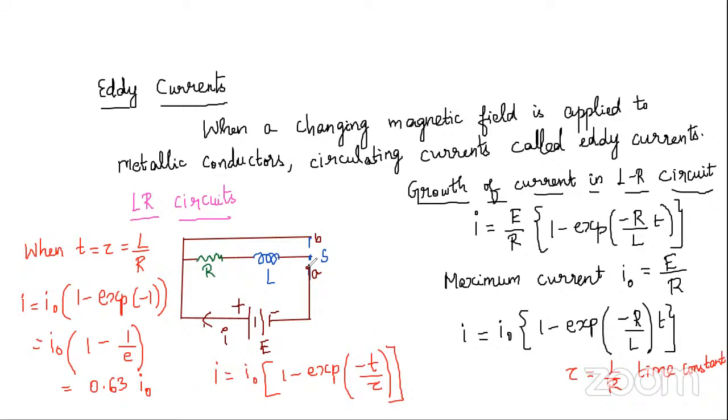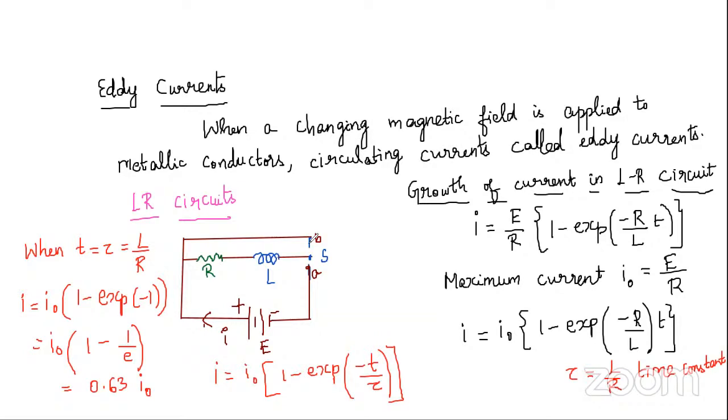Now suddenly you disconnect the point A and the switch is moved to the position B. Now the circuit is disconnected from the battery, and the current in the circuit begins to fall.